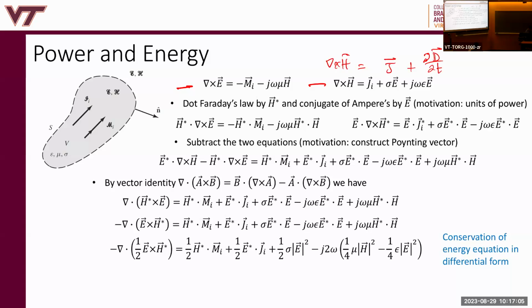But in time harmonic form, this term goes to j omega D, right? This is the new term, J impressed, which is a current that I've added. It's another source. Okay, good.